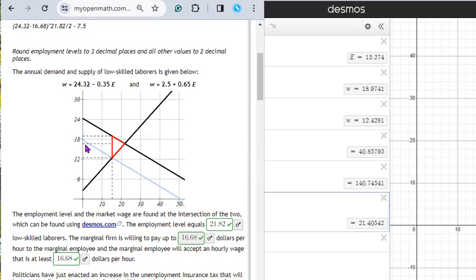Why? Because they're able to shift the burden of the tax to the migrant workers by lowering the wage offers down to just above 12, right? So it did make the large low-cost firms worse off, but in the process of making them worse off, by them losing this surplus to government in the form of their share of the burden of the tax, it eliminated their competition in the labor market, right?